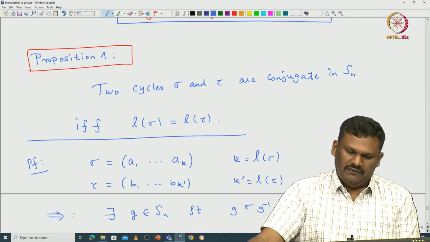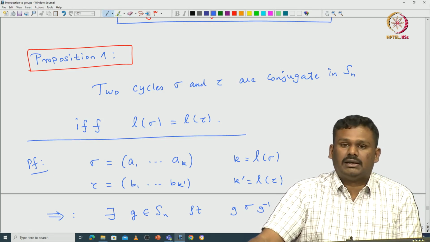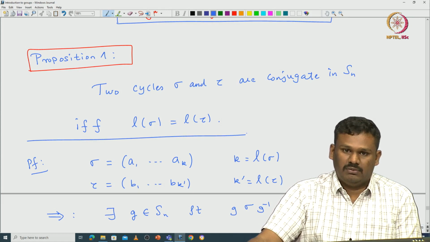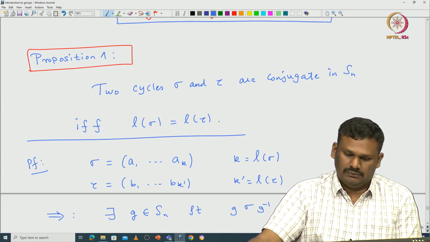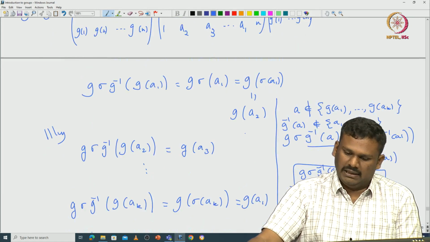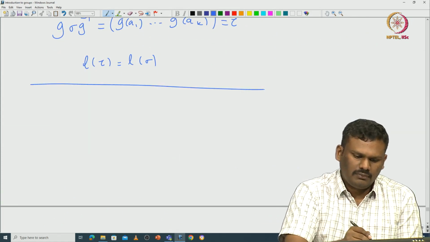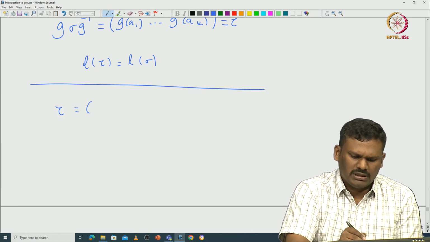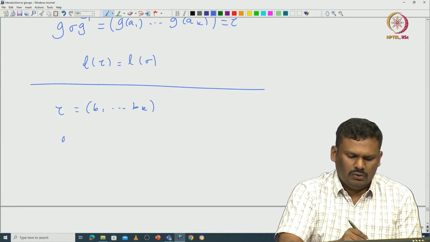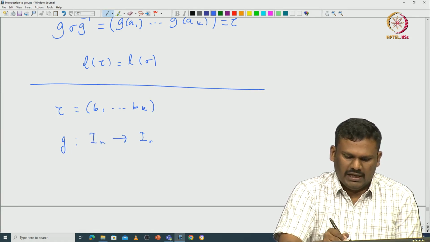So, now we proved one way. If sigma and tau are conjugate, then we proved that the length of sigma must be equal to the length of tau. Now what about the other way? The other way is also obvious. Suppose you take tau, which is of the form b_1 through b_k. Then you can define this g from I_n to I_n as follows.